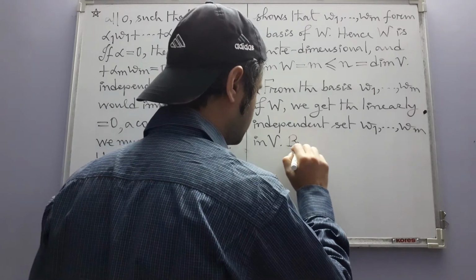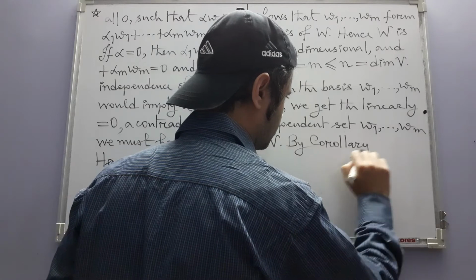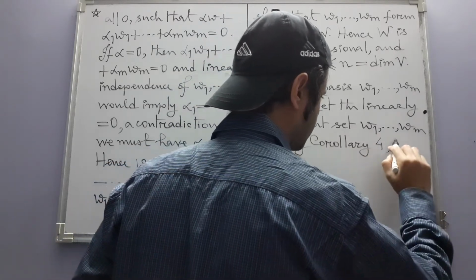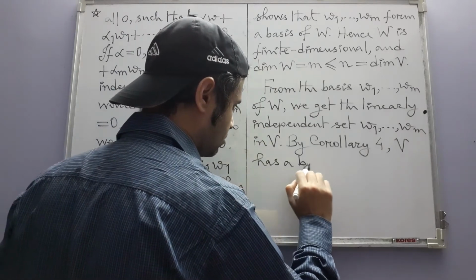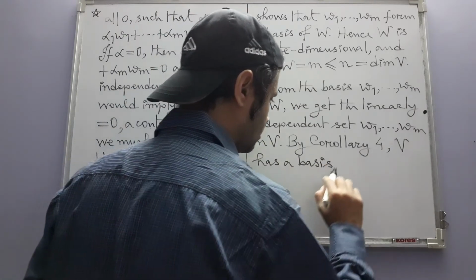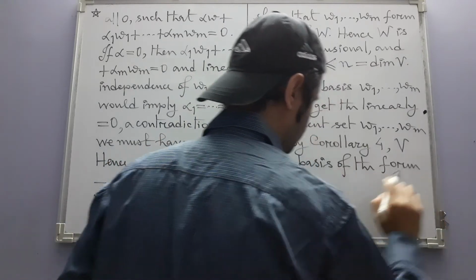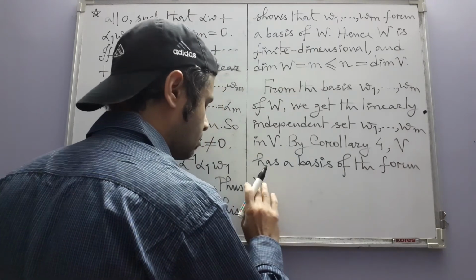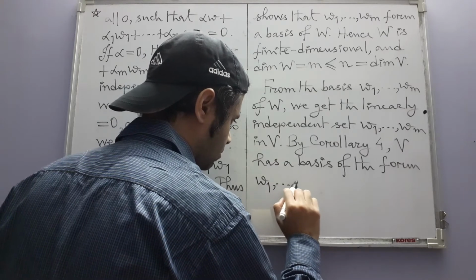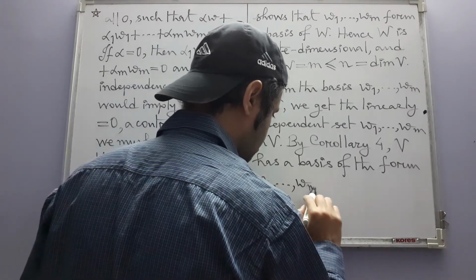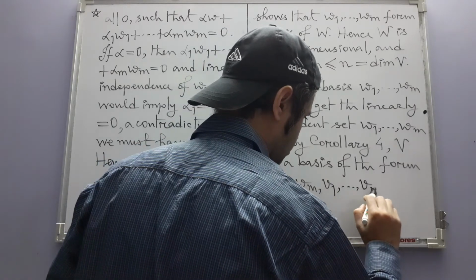By corollary 4, V has a basis of the form W1 through Wm and possibly some additional vectors V1 through Vr.